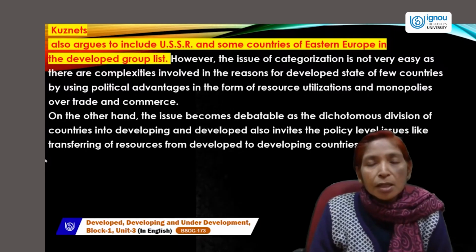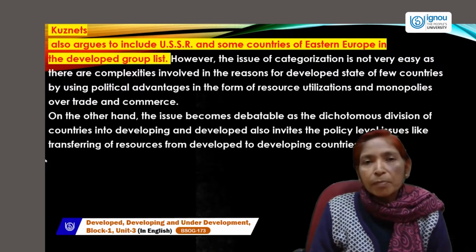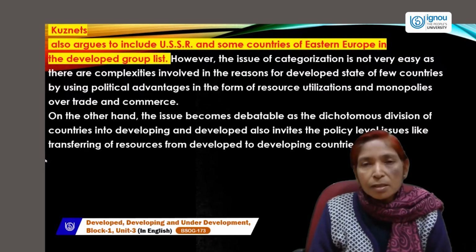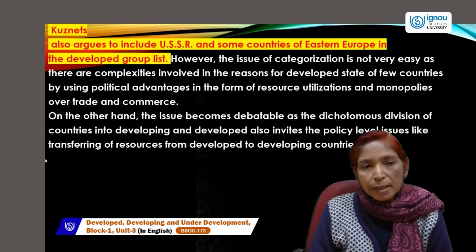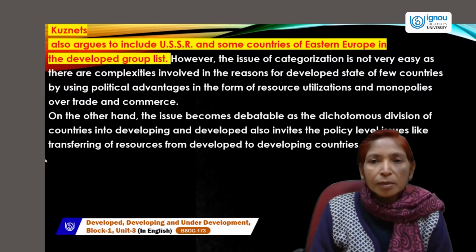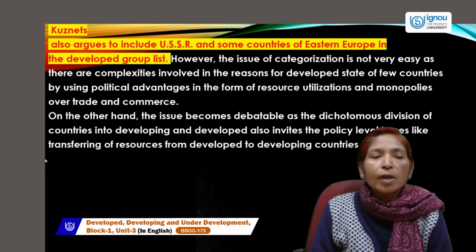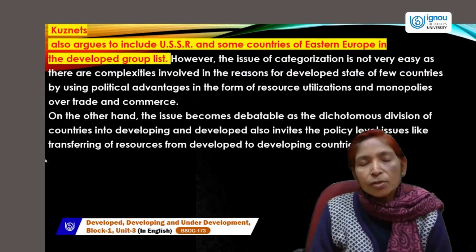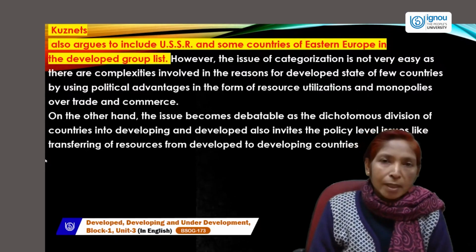That's why the issue of characterization between developed, developing, and underdeveloped is not very easy. It's a very complicated system which is involved in the reason for the developed state of a few countries by their political advantages in the form of resource utilization and monopolies over trade and commerce.